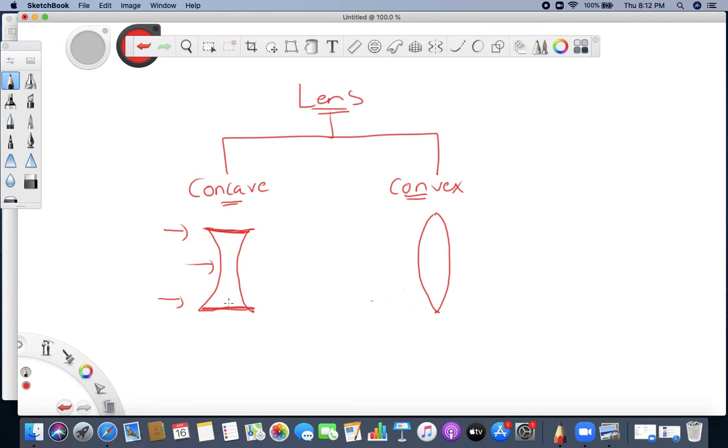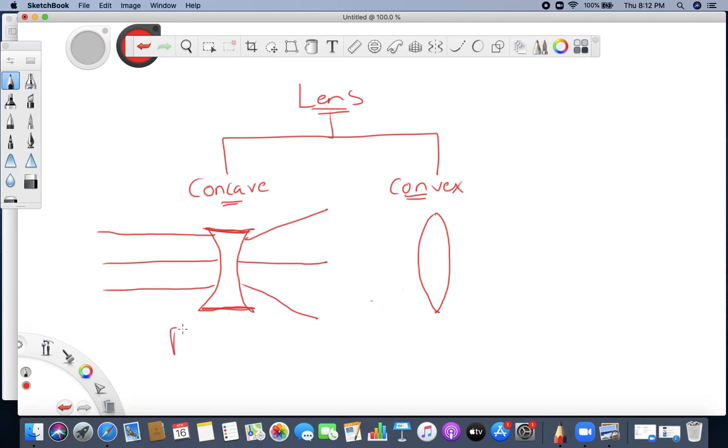Now, when parallel rays pass through this concave lens, the light diverges.